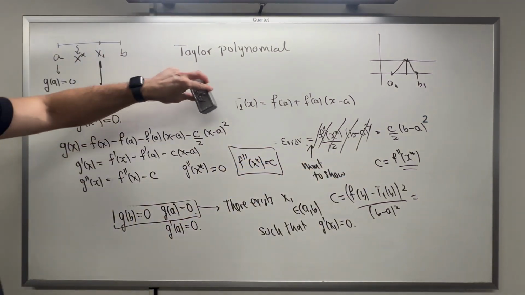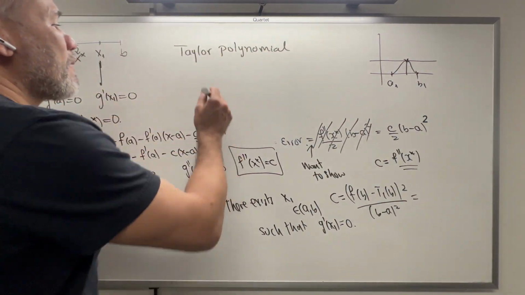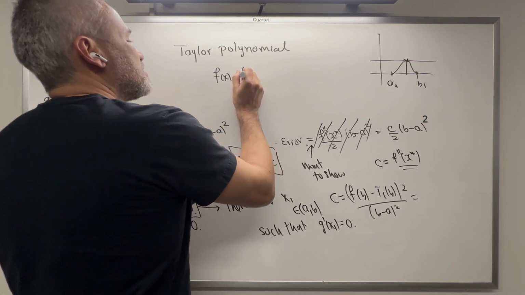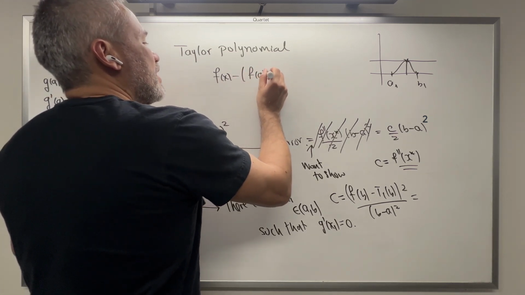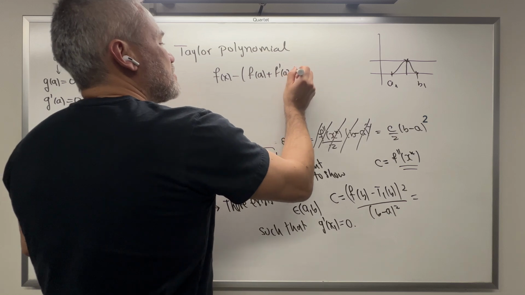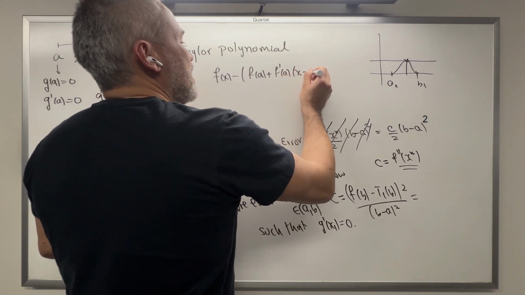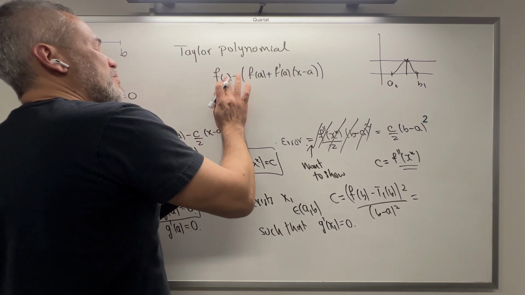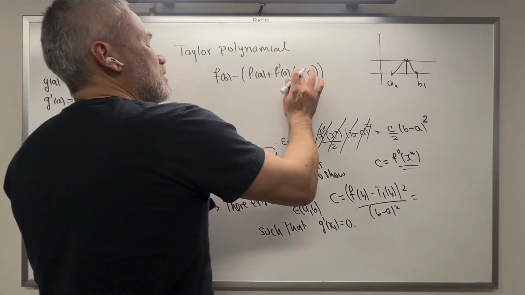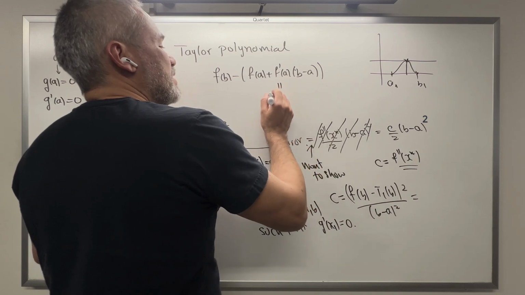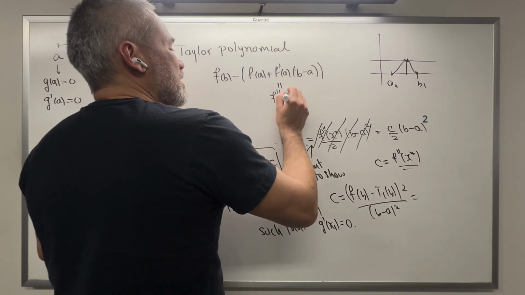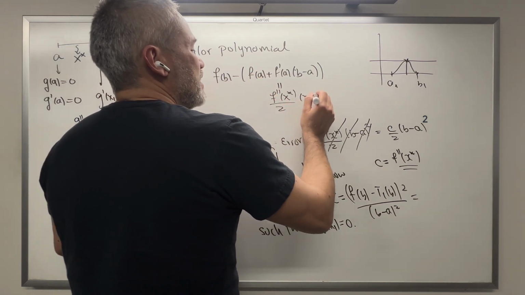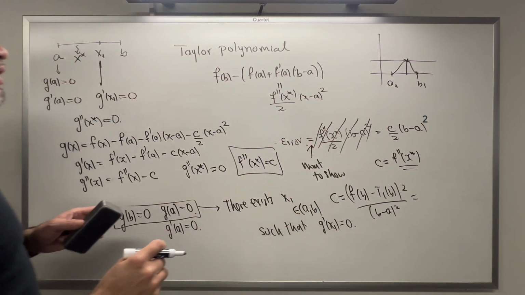Then we have shown that the error, which is f of x minus f of a plus f prime of a times x minus a, when you replace x with b, can be written as the second derivative at some special point x star between a and b over 2 times b minus a squared.